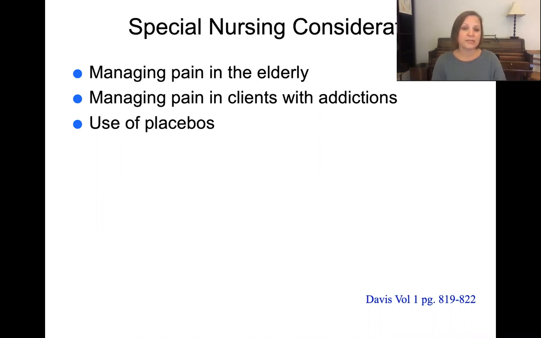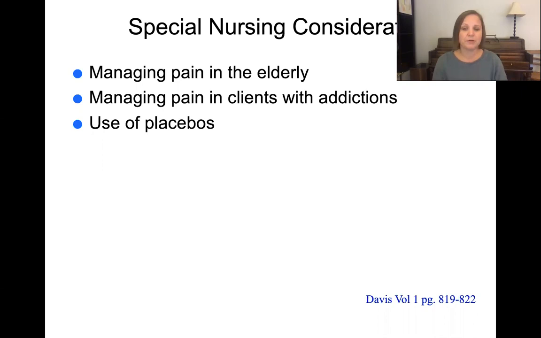Patients with addictions are terribly difficult to manage. First of all, if they do require controlled substances, it often takes more of them to get them under control. But it's also really difficult to work with patients who are drug seeking at managing pain, but also not trying to enable an addiction. And so there are pain specialists out there who will help put together treatment plans, pain plans for these types of patients that we can adhere to.